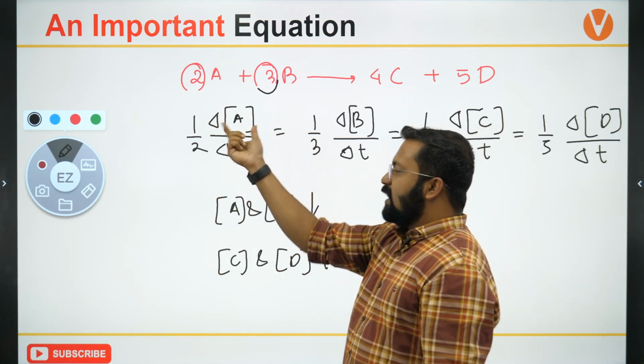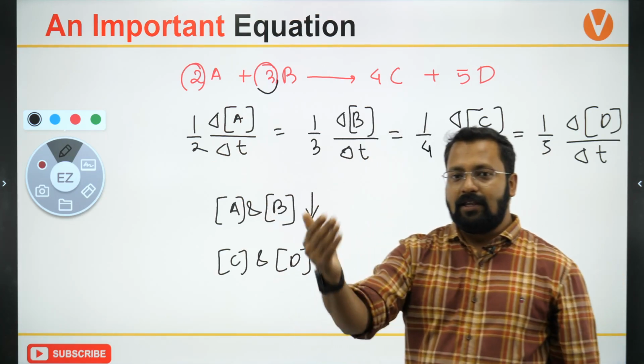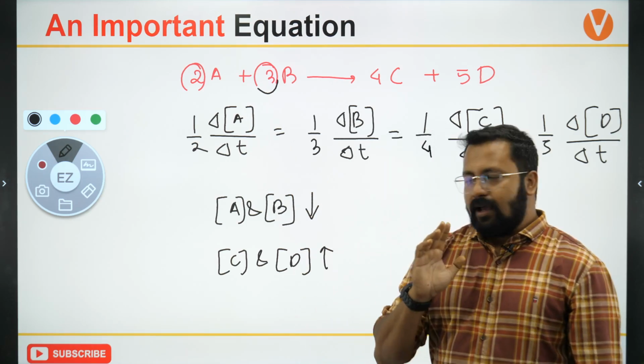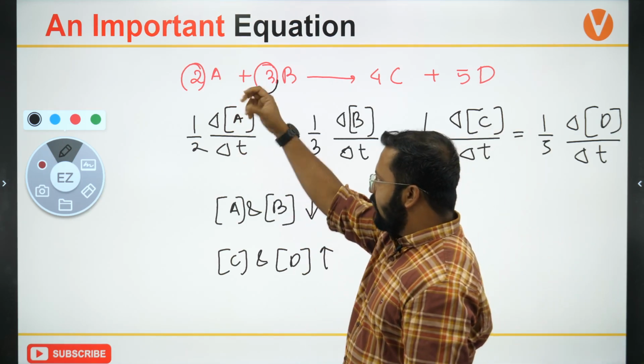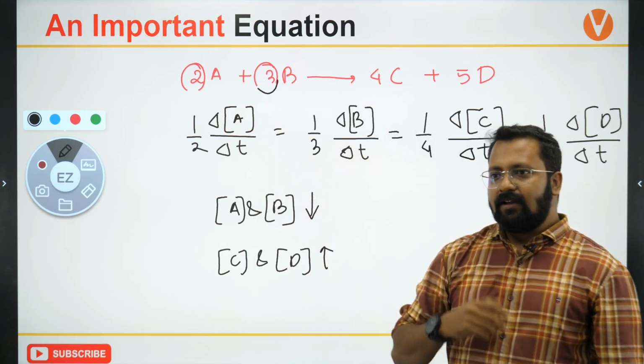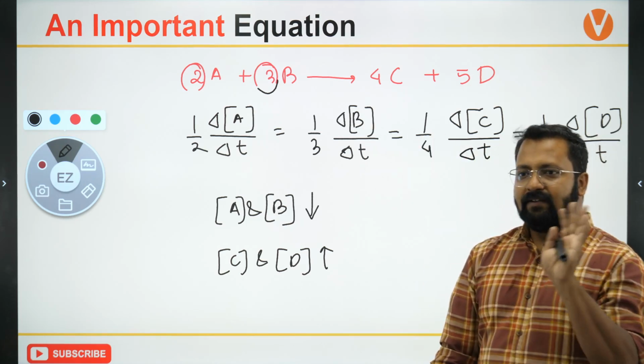Tell me. Delta means final minus initial. So final will be lesser than the initial amount for A. So will I be getting a negative value or positive value? I'll get a negative value. For B, I will be getting a negative value.